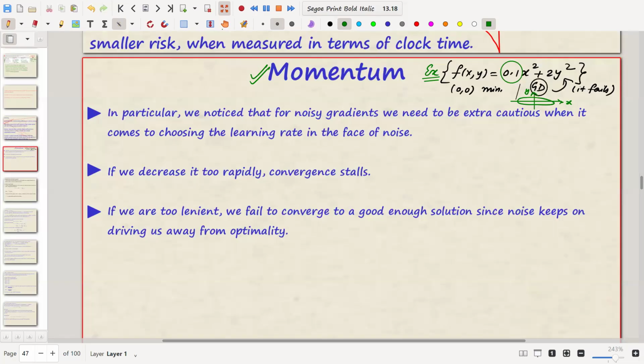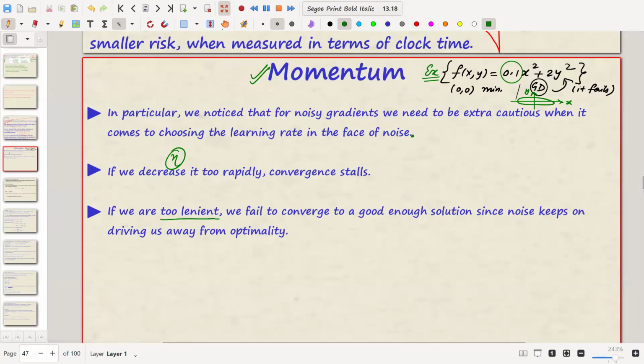But apart from that, you need to be extra cautious when choosing the learning rate in the face of noise. Some learning rates can make your algorithm diverge, and some can make it converge. If you decrease the learning rate too rapidly, convergence stalls, and it will take very small steps toward your local minimum.